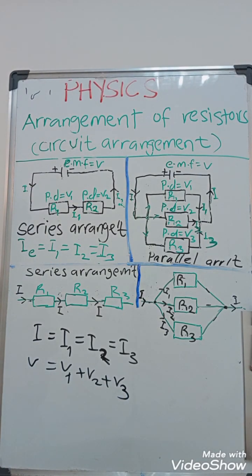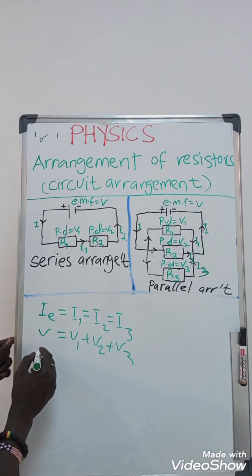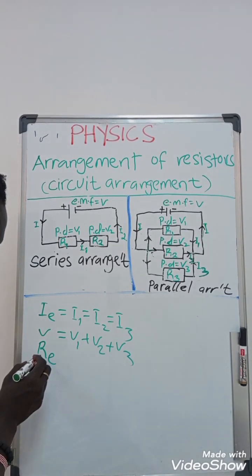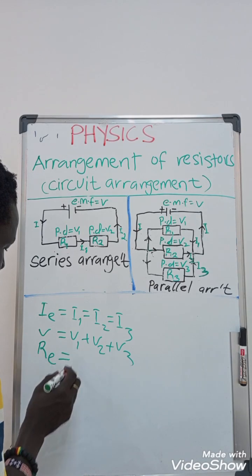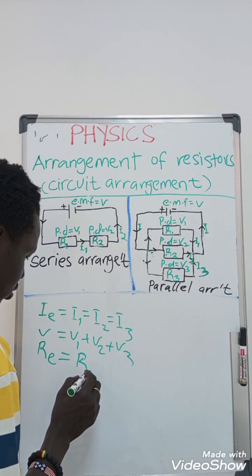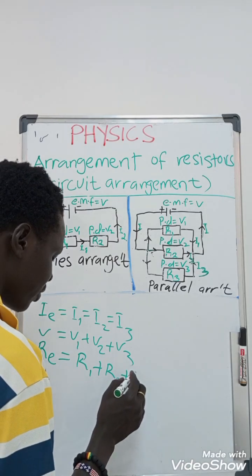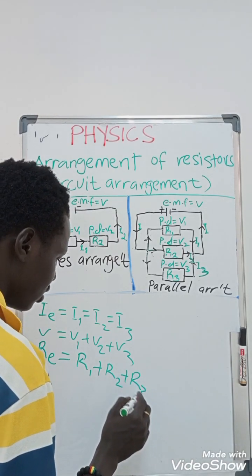Okay, we are going to derive R_E, which is the effective resistance, is equal to R1 plus R2 plus R3.